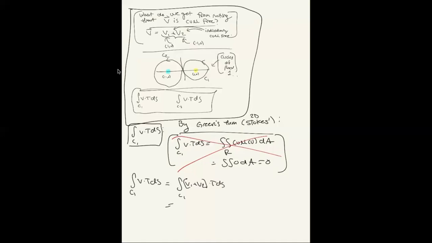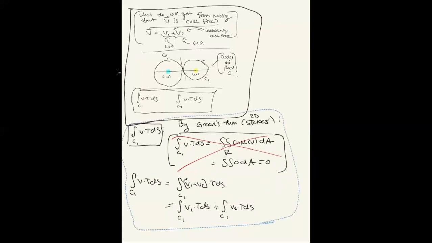And I know the dot product is distributive and integrals are linear. So this is the integral over C1 of V1 dot T ds plus the integral over C1 of V2 dot T ds. All I've done is distribute and apply linearity.